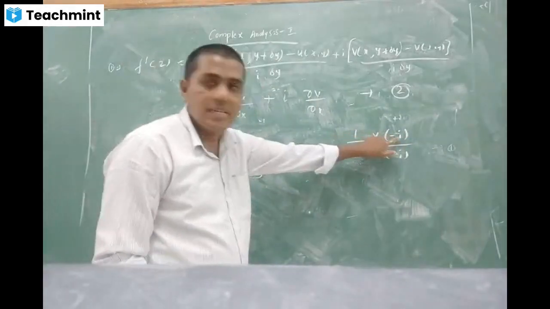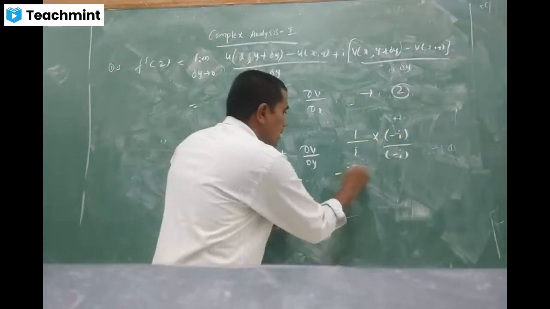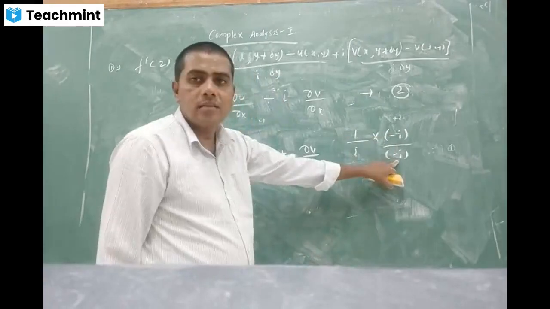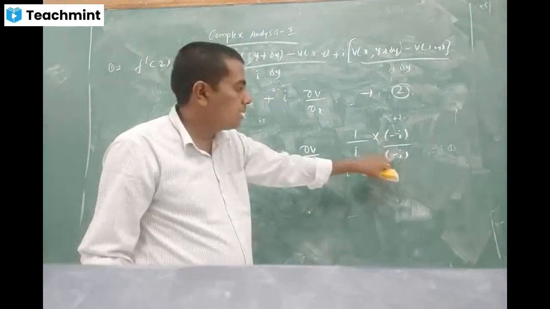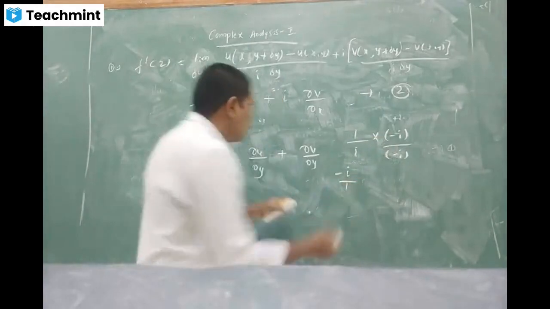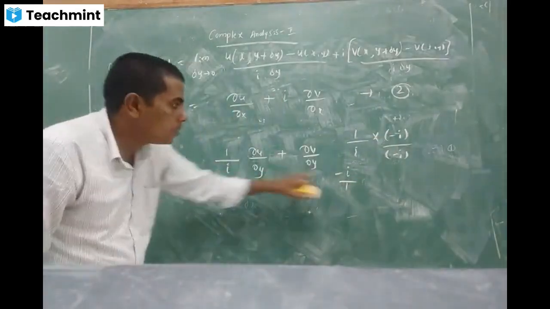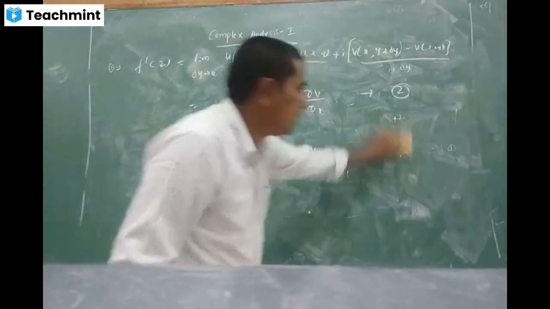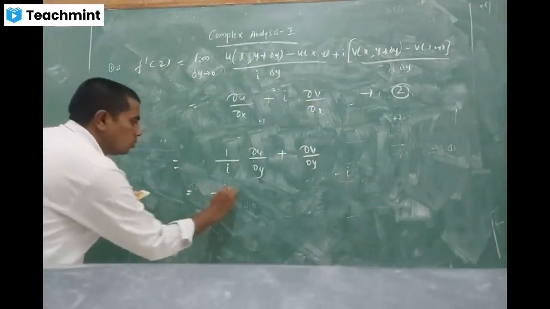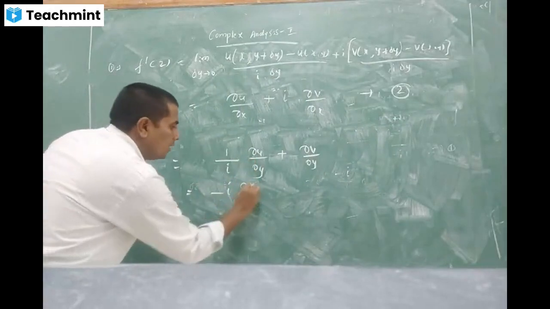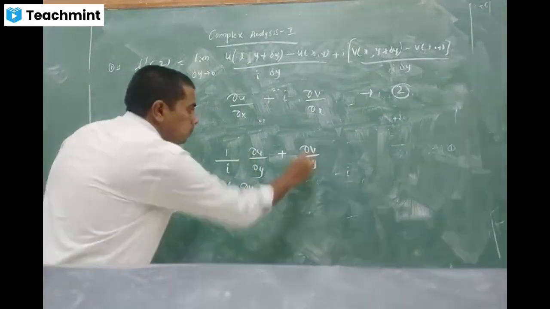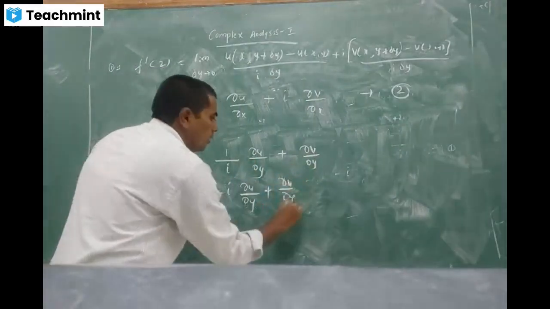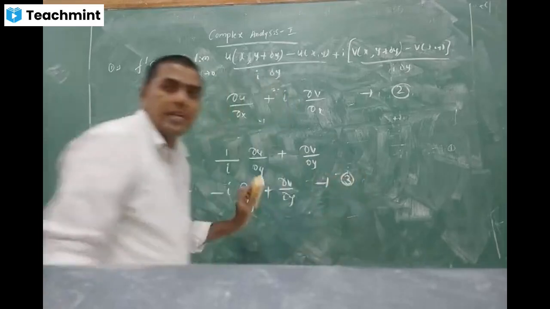So 1 into minus i is minus i. I into minus i: the value of i square is minus 1, so minus into minus becomes plus 1. So in place of 1 by i, I am going to write directly minus i here. Minus i dou u by dou y plus dou v by dou y. Call it equation number 3 now.